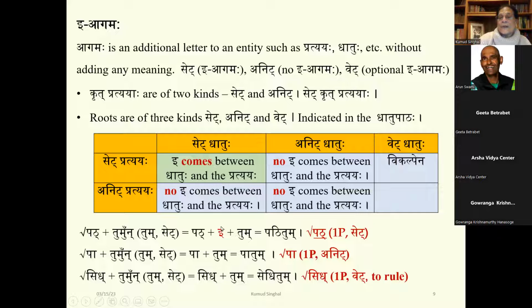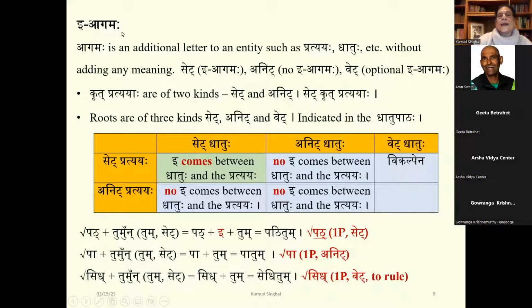So e will be inserted between the dhatu pat and the pratyaya tum. Tumun simplifies to tum. So that's why you have patitum.